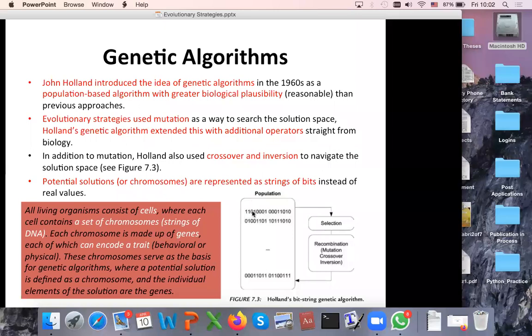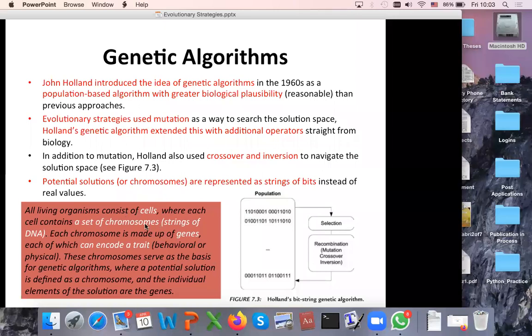As far as the chromosome is concerned, we are not biologists, so I have just written some statements about what a chromosome is. All living things that we have in our world consist of cells, and in cells we have a set of chromosomes, and in chromosomes we have strings of DNA. So particularly we have to focus on chromosomes.